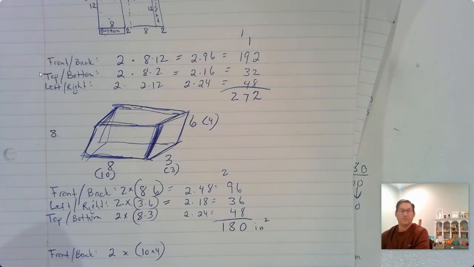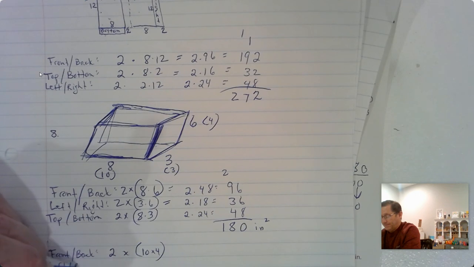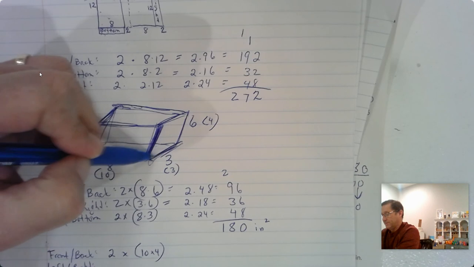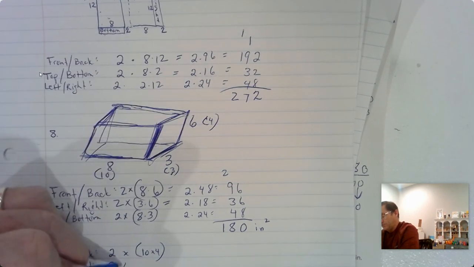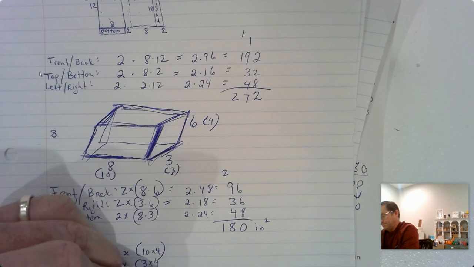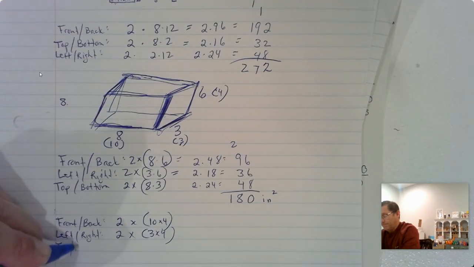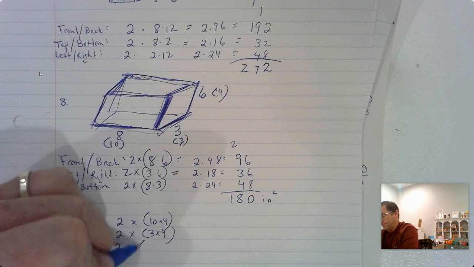And the back is also 10 times 4. The left and right. So the right side here, we see that it's still 3 times 4. And there's 2 of those. And then the top and bottom. Well, the bottom is 10 by 3, and there's 2 of them.